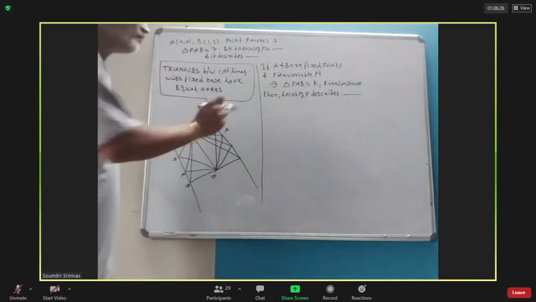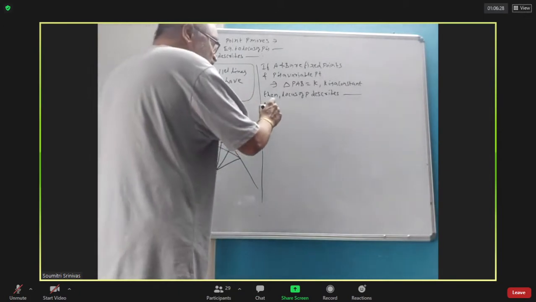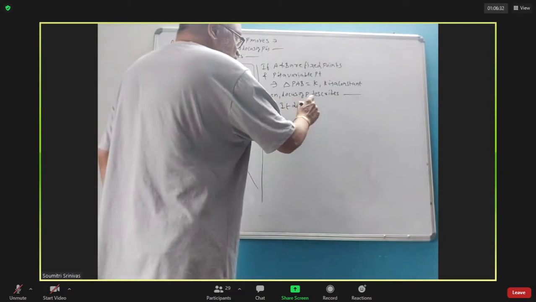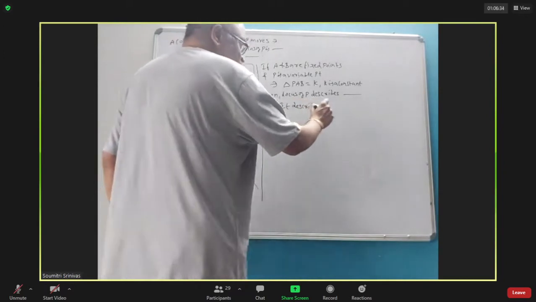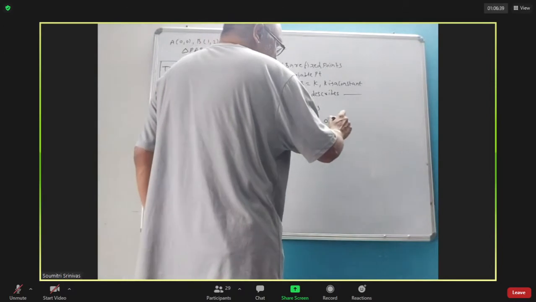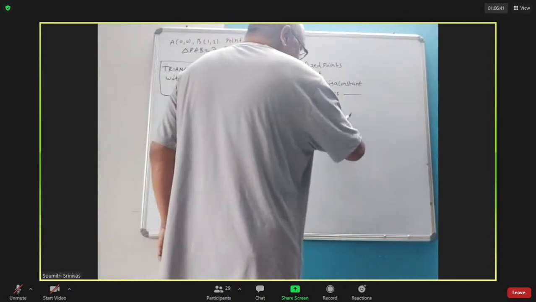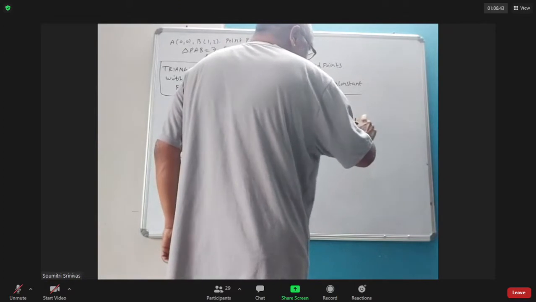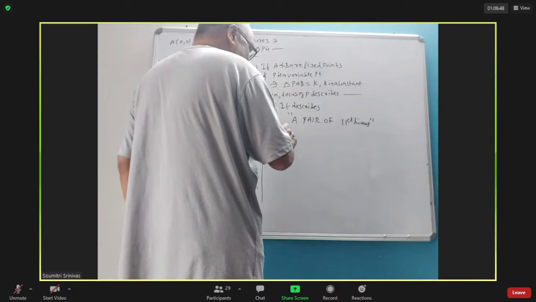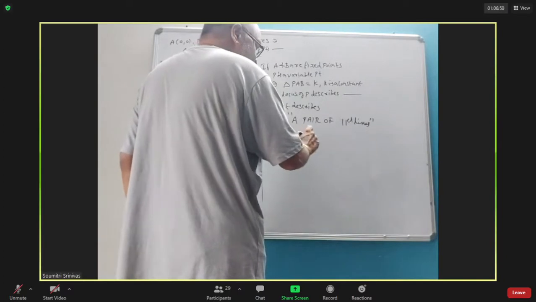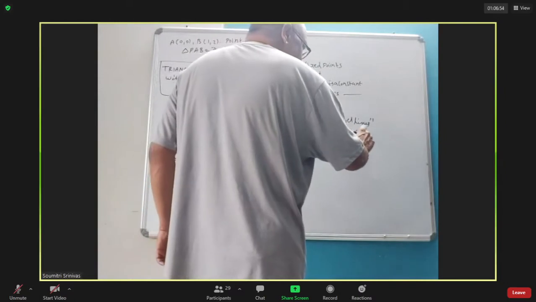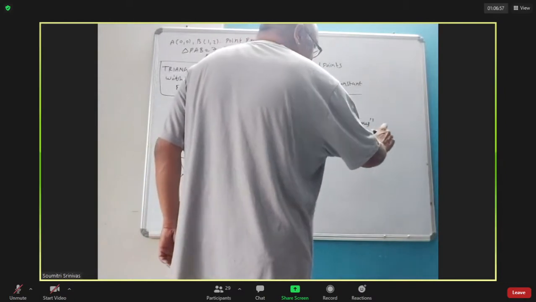What's the answer? It describes a pair of what lines? Parallel lines. How are these lines? Parallel to the fixed line.